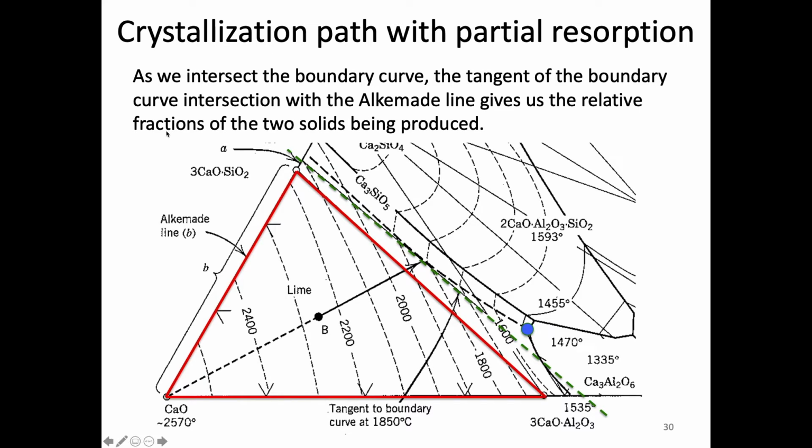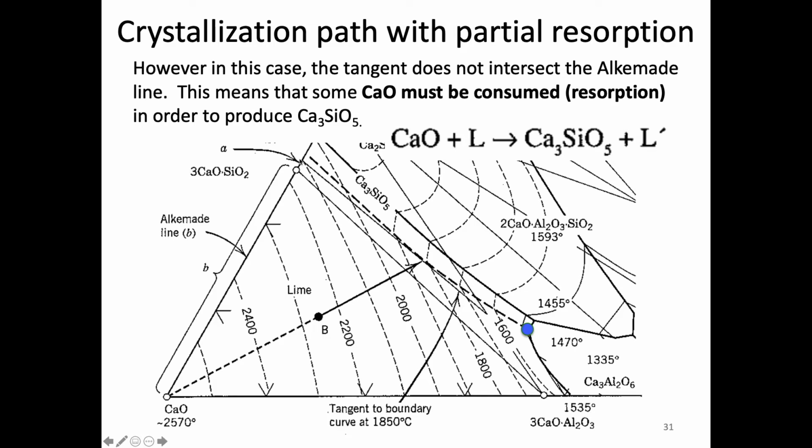And so I've just kind of highlighted with the green dashed line here our tangent, and you can see it's outside of this alite line. And so what that means is that in this case, it's outside of the alite line on the opposite side of calcium oxide or lime.